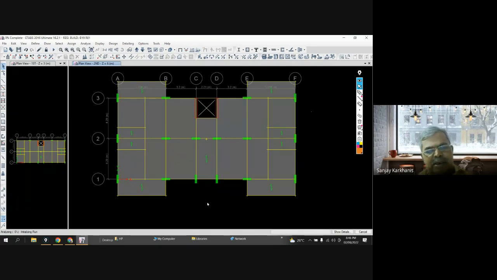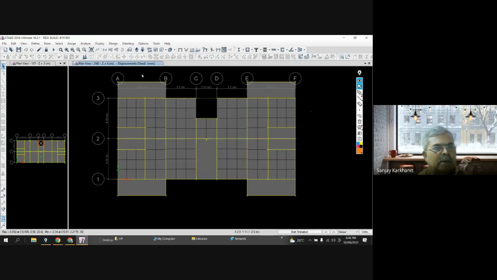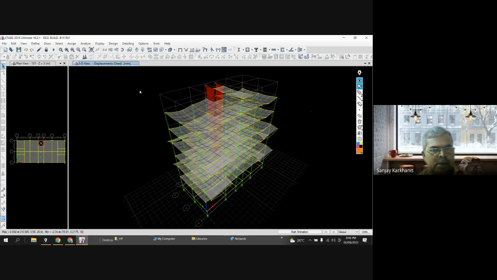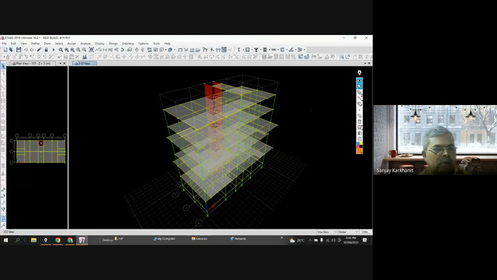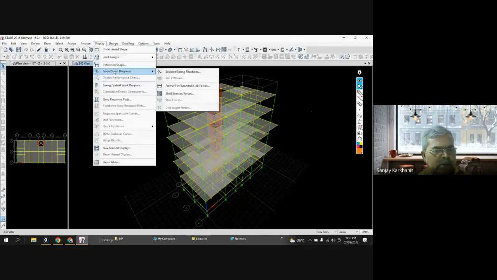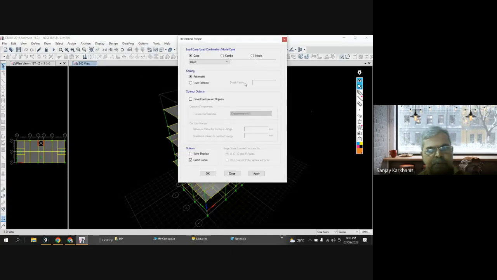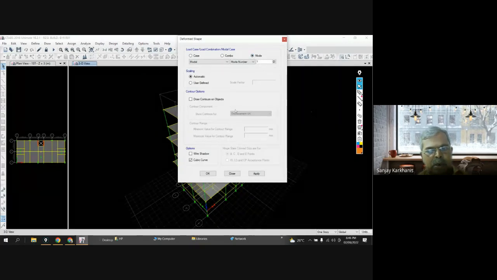Now that base shear might have changed a little bit, but you can check it, and you can consider it as your exercise. I will go to 3D, and I will go for undeformed, and now I will ask to show me deform shape under mode number 1.